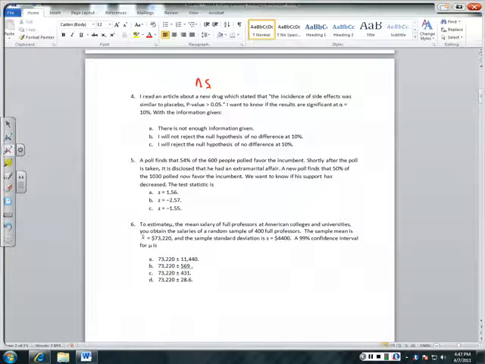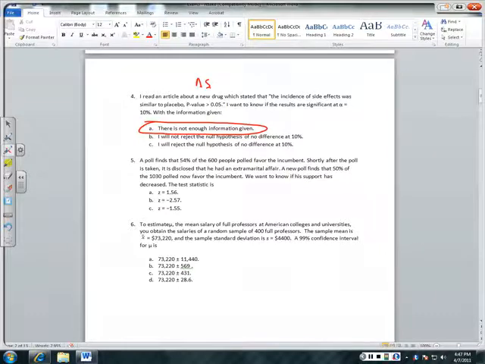Well, all I know is that the p-value is greater than 0.05. I don't know if it's 0.07 or 0.34. So it might or might not be significant at the 0.1 level. So there's not enough information to answer that.